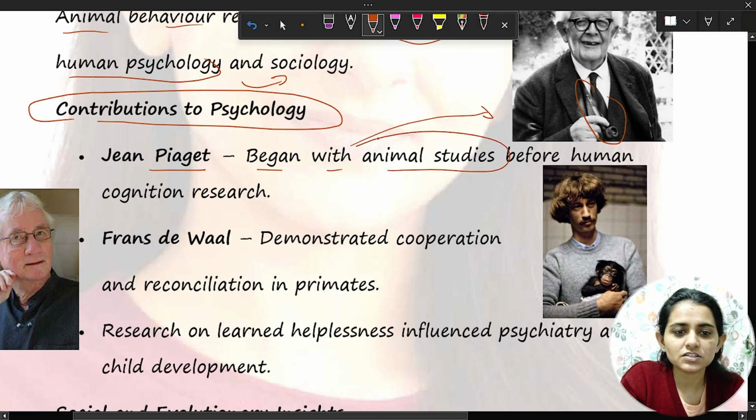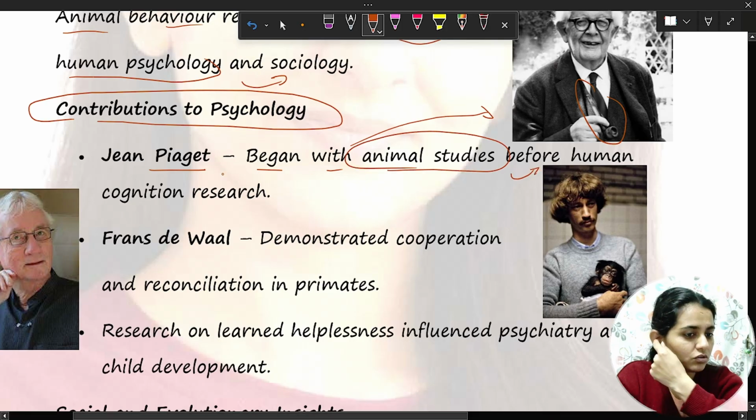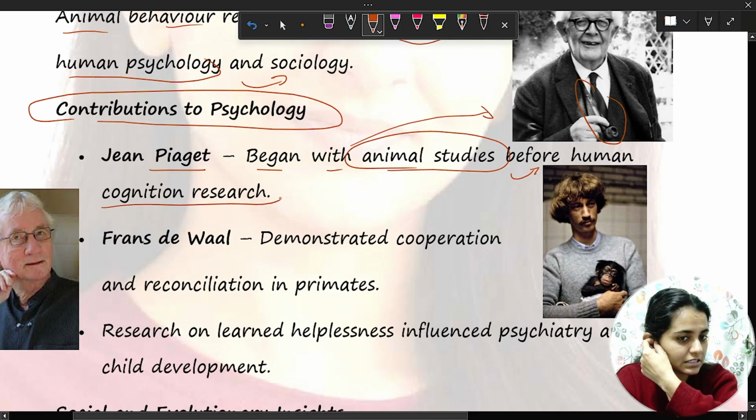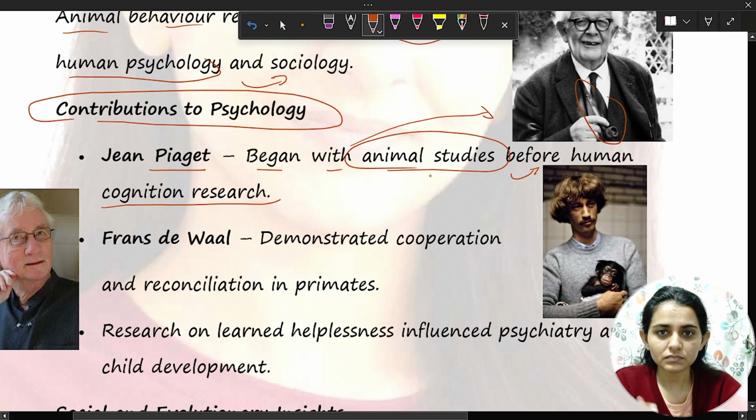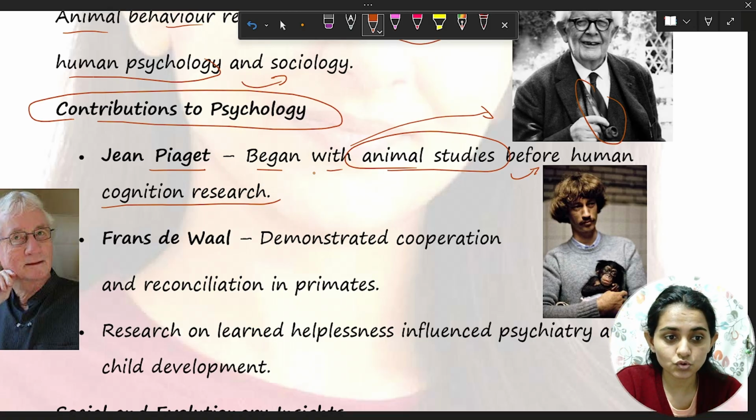It began with animal study before human cognition research. If we want to study our brain or our intelligence, we have to study animal psychology.